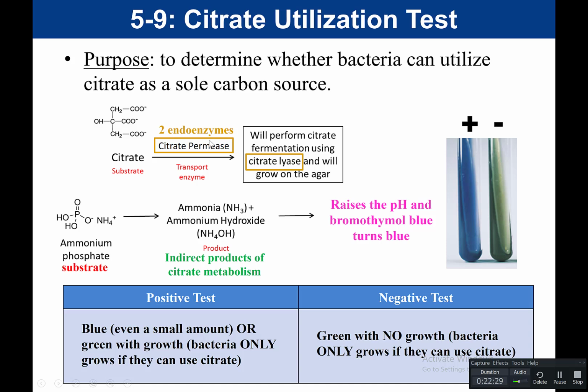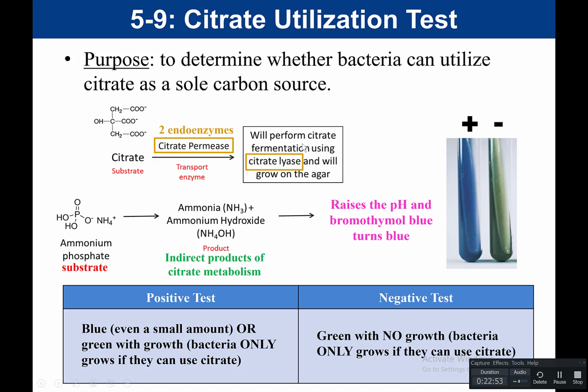If bacteria produce these two enzymes, the citrate permease and the citrate lyase, both enzymes are endoenzymes, they're within the cell. If bacteria possess these enzymes, then they can use citrate as their sole carbon source and they will grow.